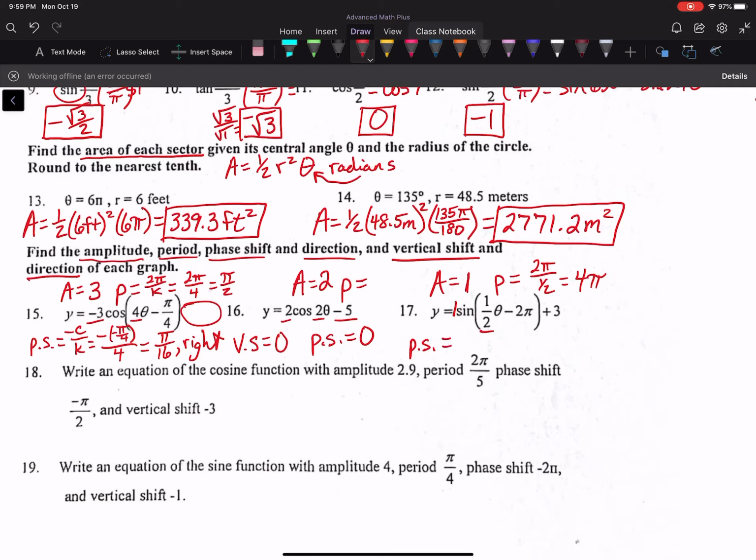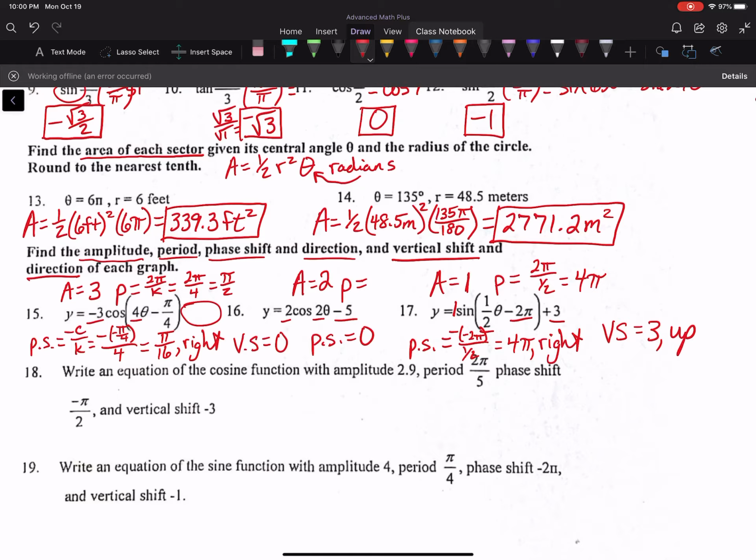Phase shift is -c over k, so that'll be negative, there's c, negative and negative 2 pi over 1/2. That is a positive, would be 4 pi. And since it's positive, it goes to the right. And my vertical shift is just 3. And it's positive, so it goes up.